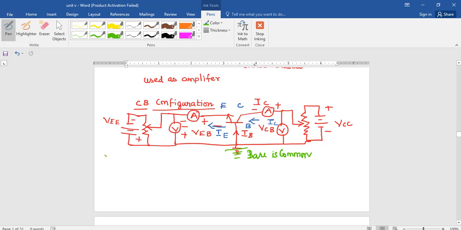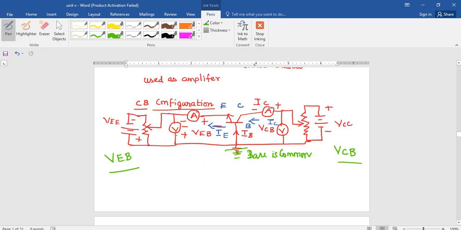On the left hand side we are having voltage source which is VEB. On the right hand side we are having voltage source which is VCB. This is your graph. On the left hand side we are having VEB. On the right hand side we are having VCB.